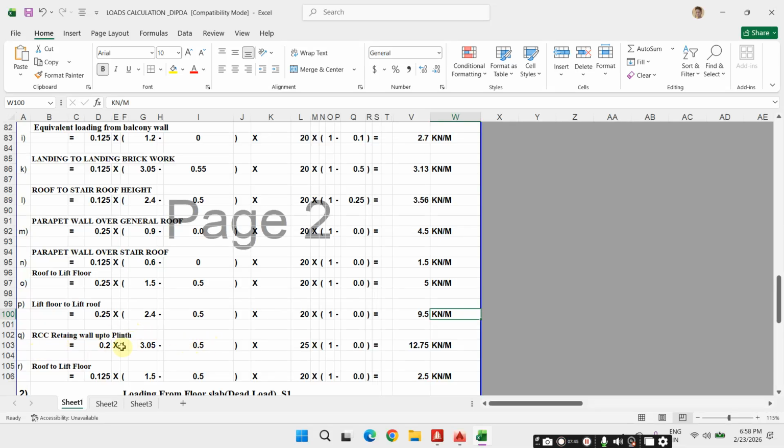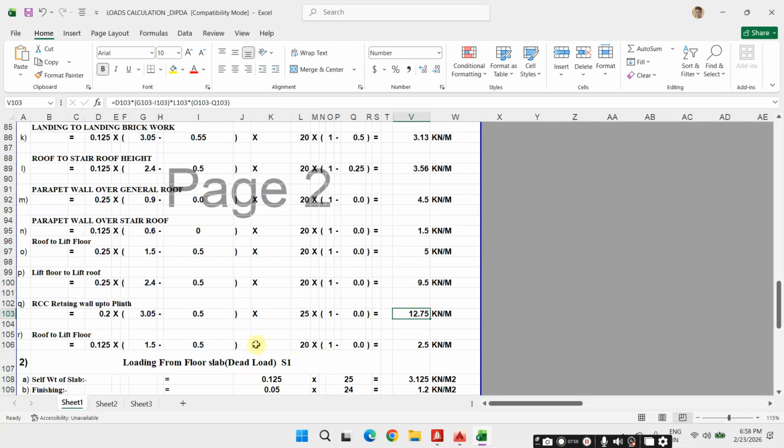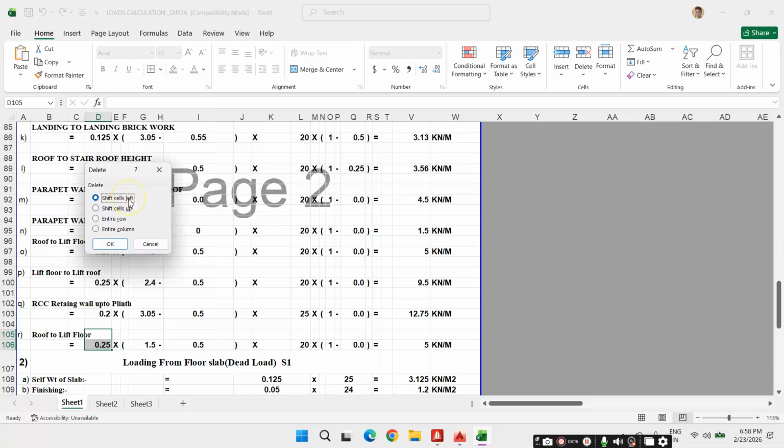Last retaining wall up to plinth 0.2 meter, 3.05 height, and 25 unit weight is total UDL load. Roof to lift floors is also 1.5. Actually, roof to lift is present here. That should be deleted.